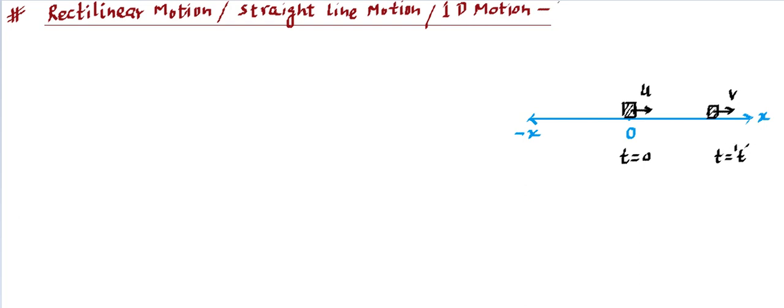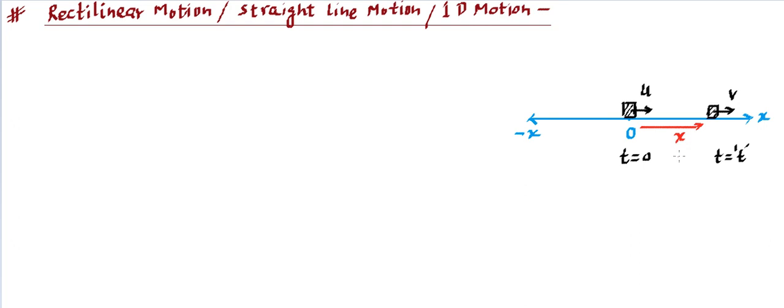During this particular time interval, it must have covered a displacement or distance. Here we are using the displacement because it might be the case that the particle has gone like this and then come back to this place. We never know what the actual path is. But we certainly know that this is the final position. So when I write x over here, this x is not a distance, it's definitely displacement.